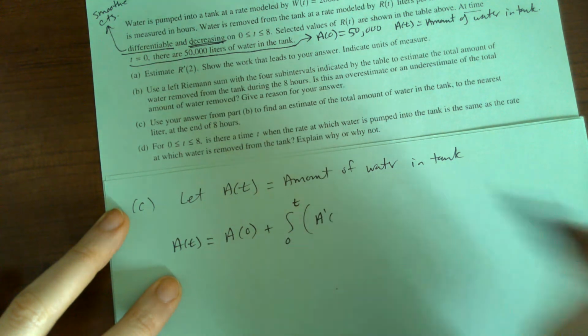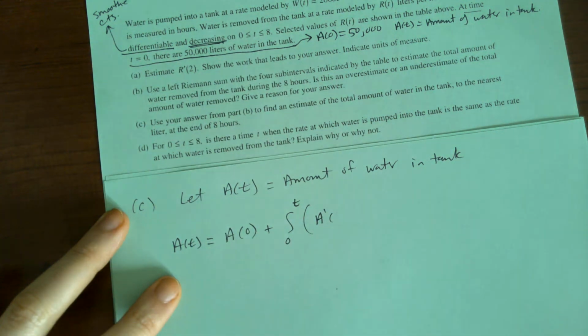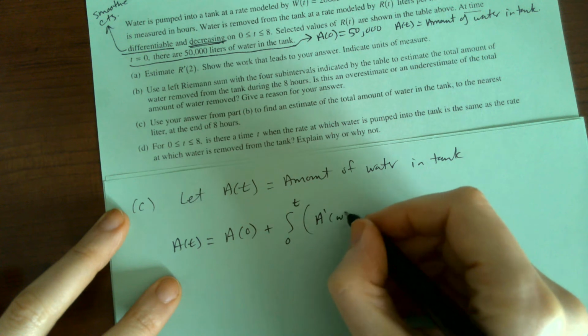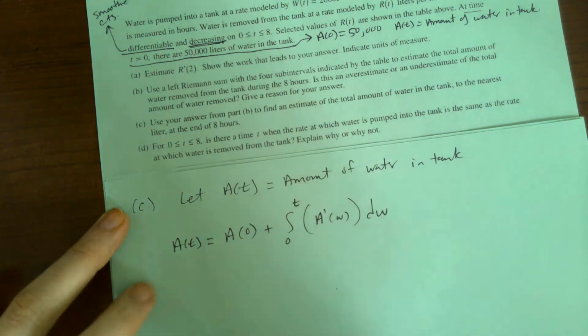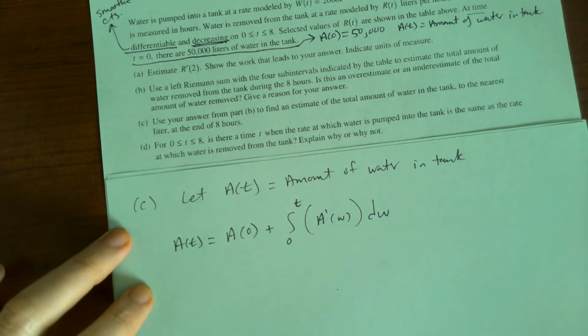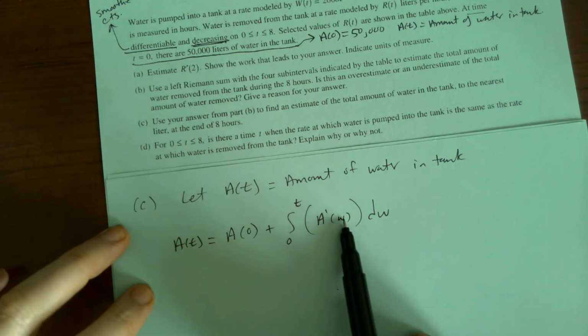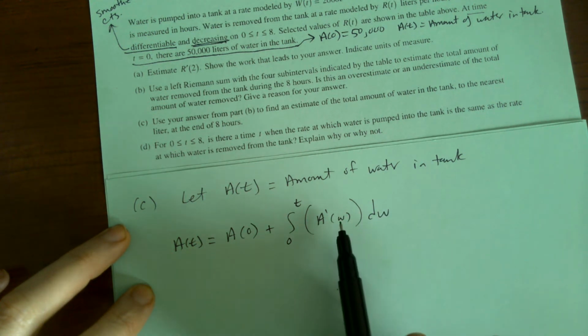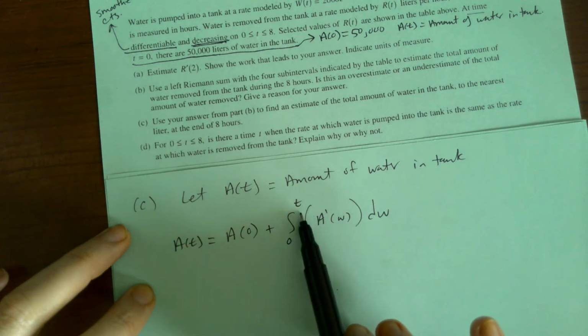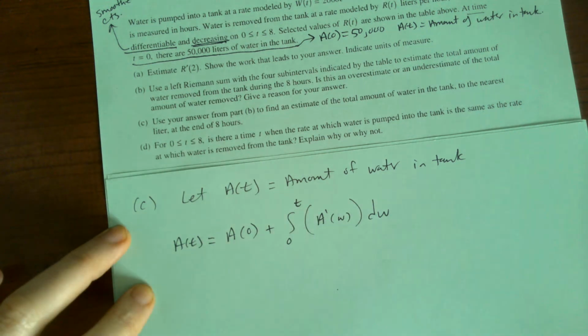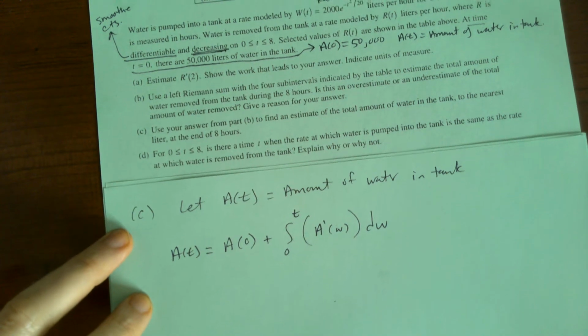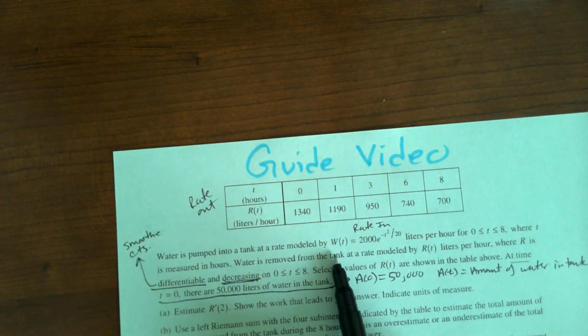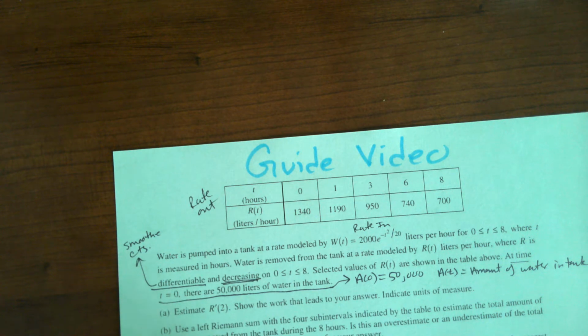A prime. Now I'm going to mention this, I'm actually going to fix this later. Now we usually use W's, guys, because W is so rarely an input variable that the intention is to help us remember that this variable here needs to be different than that. But the problem we're about to run into is that they used W. And it's kind of hard to see the difference between uppercase and lowercase w.